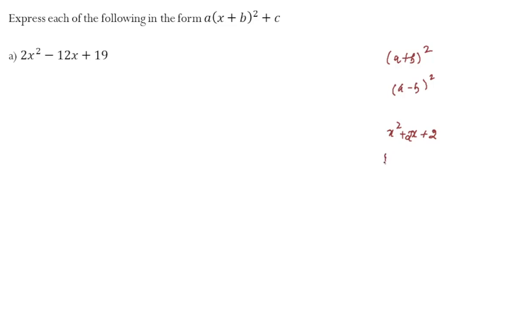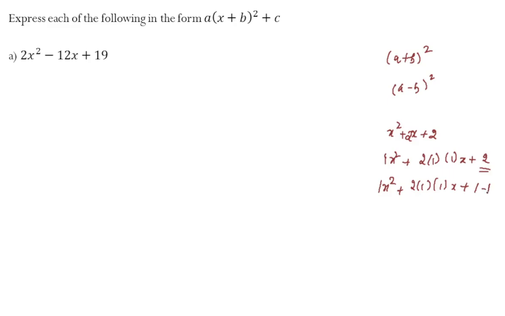Here a is 1 and 2ab is 2. If the constant were 1, we could write it in the (a plus b) the whole square format. Then what can we do?